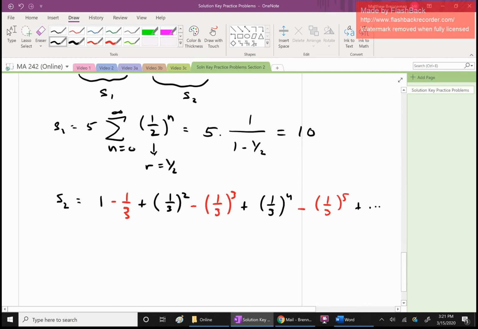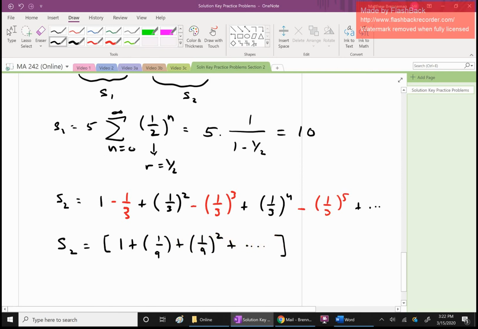And so if I look at the positive terms, it's going to be 1 plus 1/3 squared. And what I'm going to notice is that the power goes up by 1/3 squared. Okay, so I can really think of this as 1/9, and this is 1/9 squared. All right, so that's how I'm going to start to think about these terms. Okay, plus 1/9 squared plus dot dot dot.